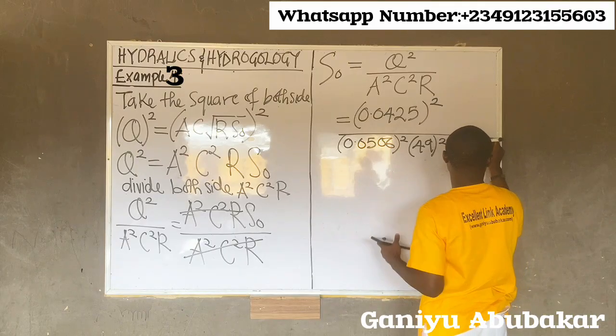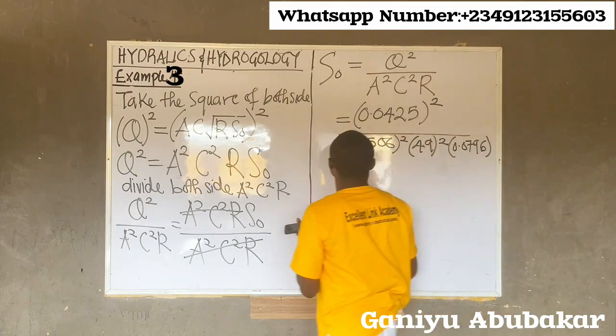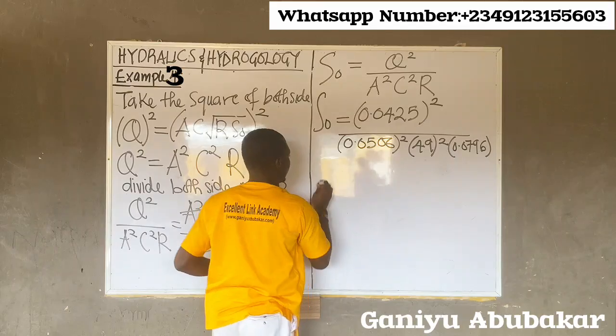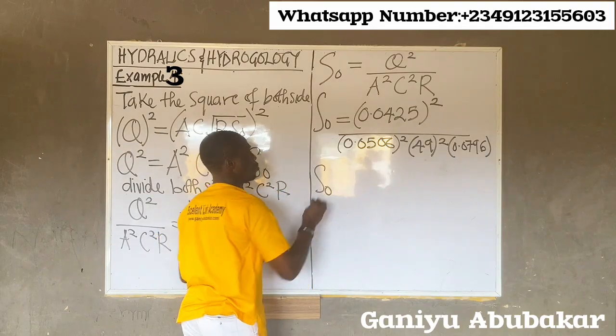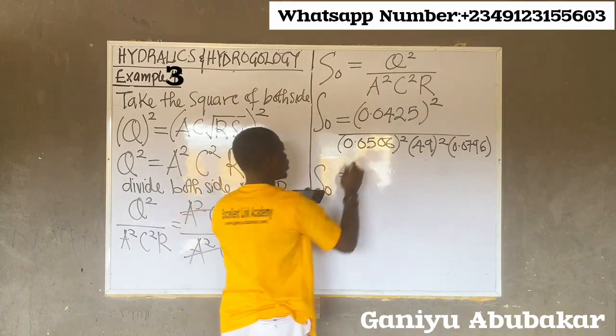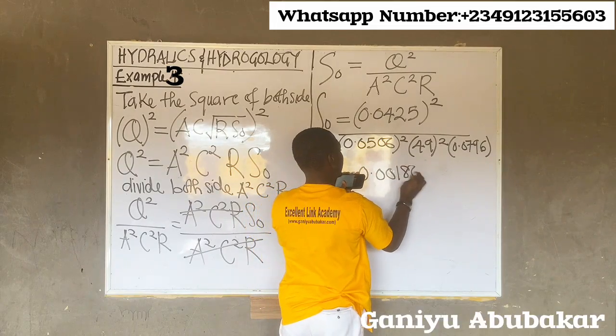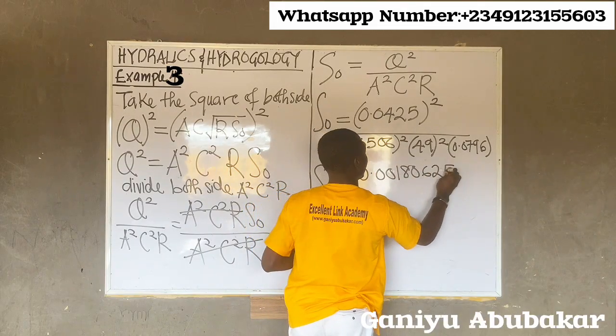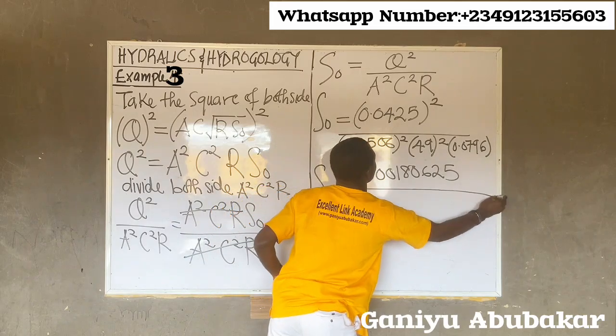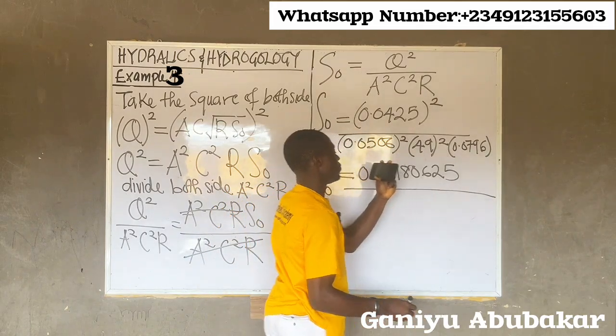Please multiply this. Let's get S naught. So in this case, S naught, which is the bed slope, will be equal to this one here, which gives you 0.00180625 all over. Multiply this together. What do you have there?